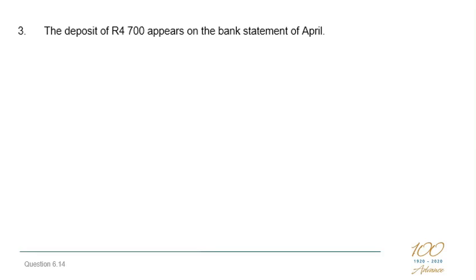Number 3, a deposit of 4,700 appears on the bank statement of April. So we want to fix this mistake in our books. So we want to go to the general journal. Just before you enter this in the general journal, make sure that this was not a mistake that we transferred from last month onto the report.